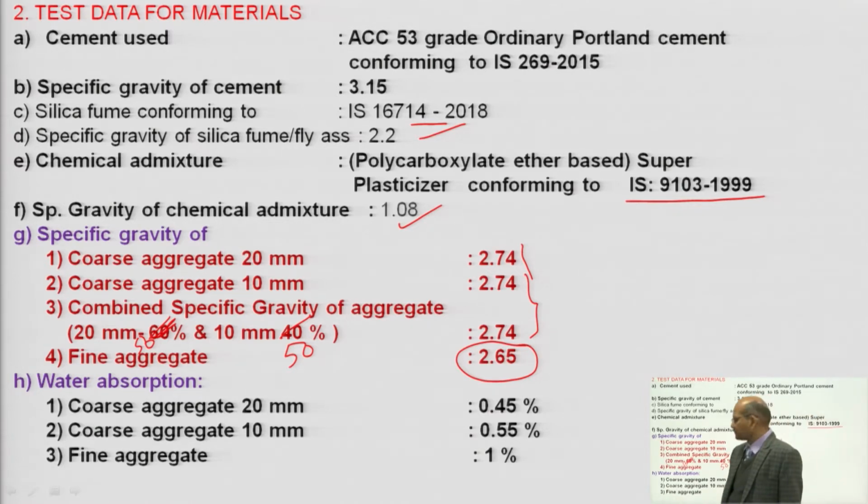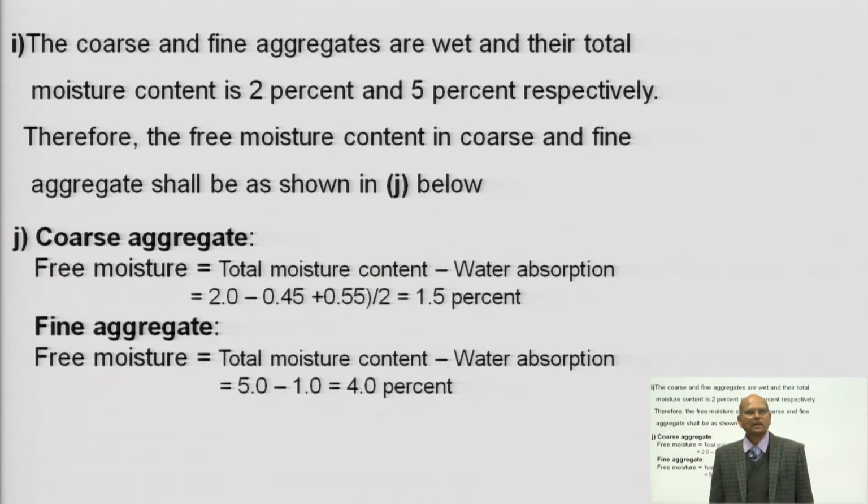Water absorption: coarse aggregate of 20 mm 0.45%, coarse aggregate of 10 mm 0.55%, fine aggregate 1%. This is the data we have selected. The coarse and fine aggregate are wet, and their total moisture content is 2% and 5% respectively, which we obtained from the test in the laboratory.